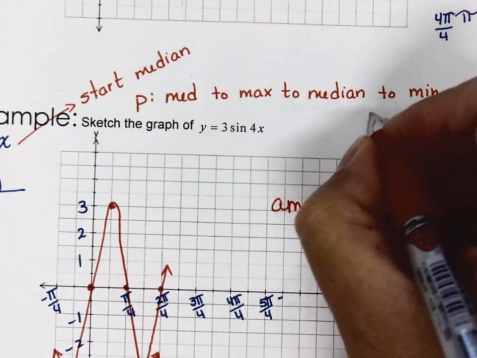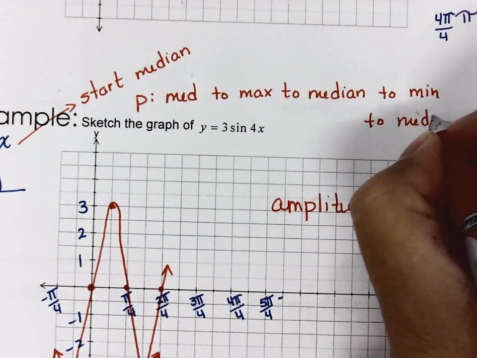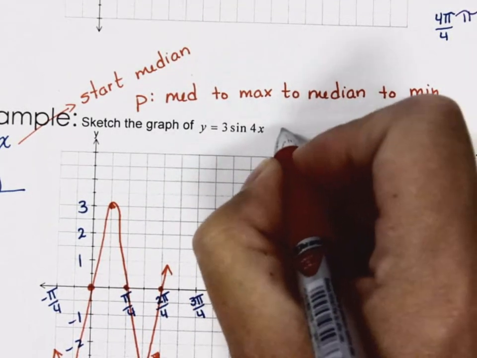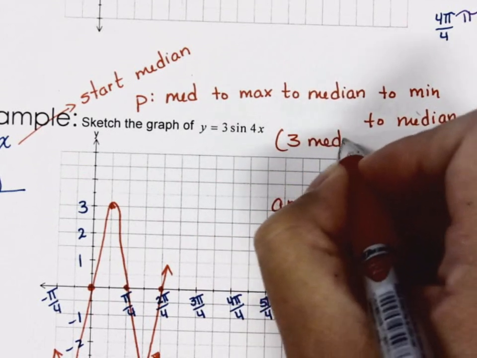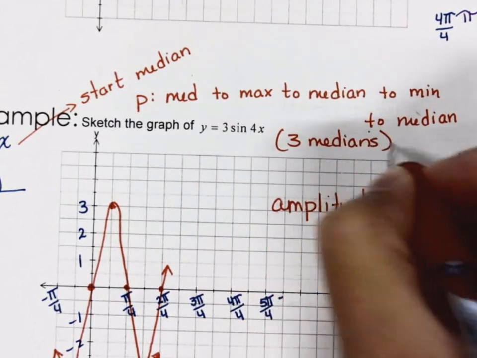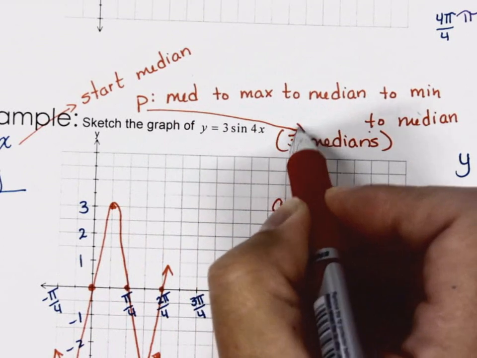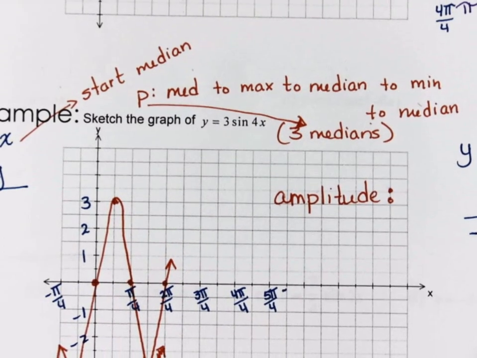You're looking for 3 medians. Let me summarize that. That's probably easier to say it that way. You need 3 medians when you're looking for a period. I wrote more stuff than you have to.